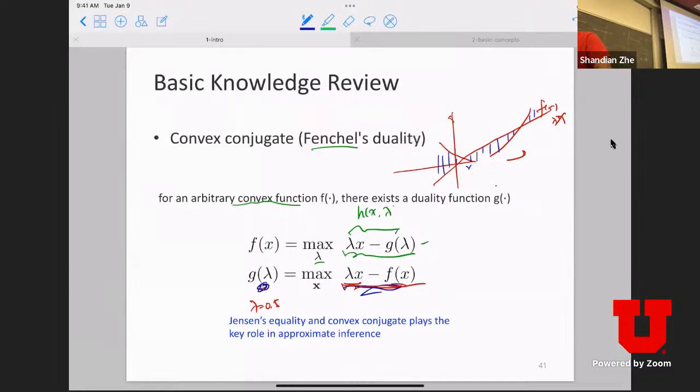So lambda x subtracted by f of x is just to connect the y values at these two curves and see what the difference is. Now you want to find the maximum value between lambda x and f of x. So how can we do that?